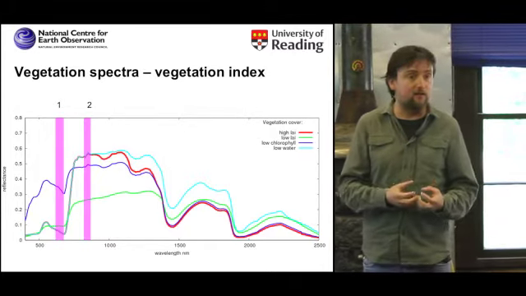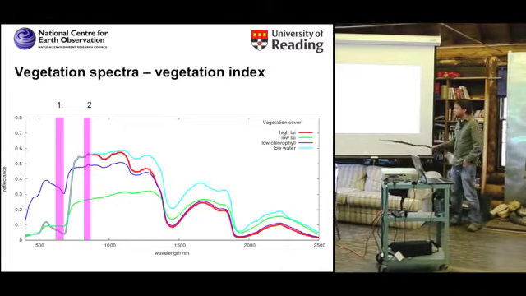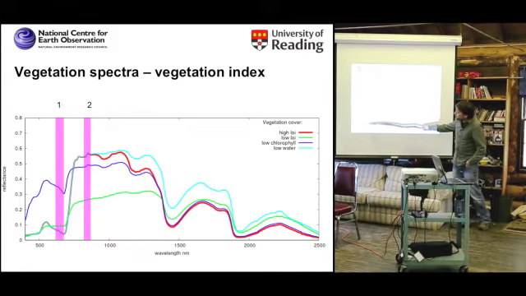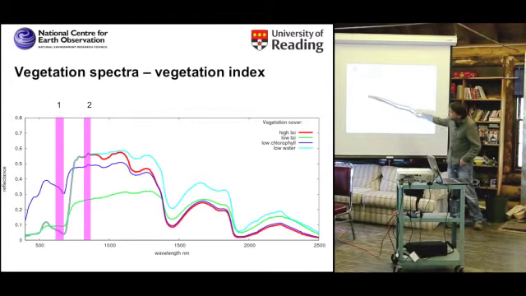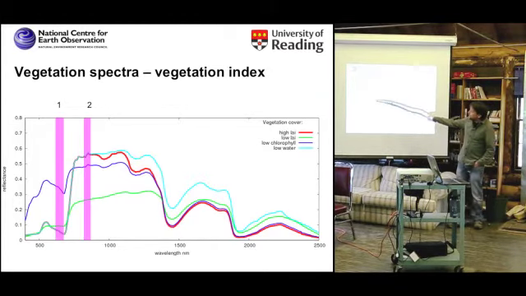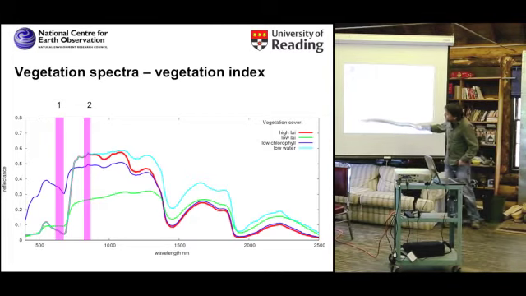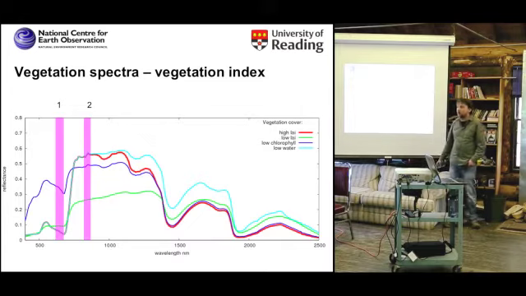Now the basis of most vegetation indices, and I'll explain what they are in just a couple of slides, is that healthy vegetation exhibits a high level of difference between the red part of the electromagnetic spectrum and the near-infrared part of the electromagnetic spectrum. So if you look at the thick red line, which is the healthy high LAI canopy that I introduced earlier, the reflectance in the red part of the spectrum is very low, and the reflectance in the near-infrared part of the spectrum is very high.